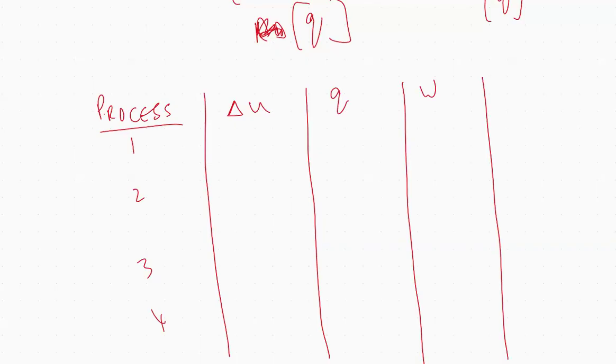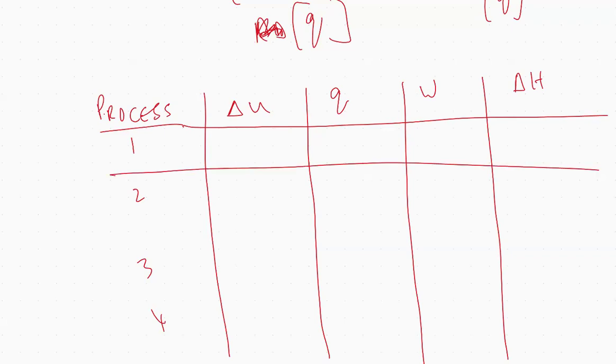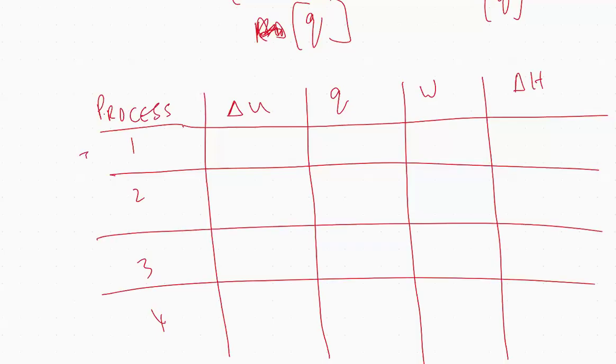So the first process is the starting point. It's isothermal, right? So I'll just put it here, and then adiabatic. Then again isothermal. Then adiabatic.